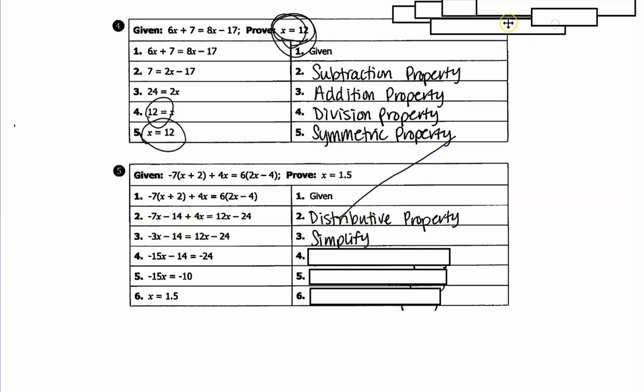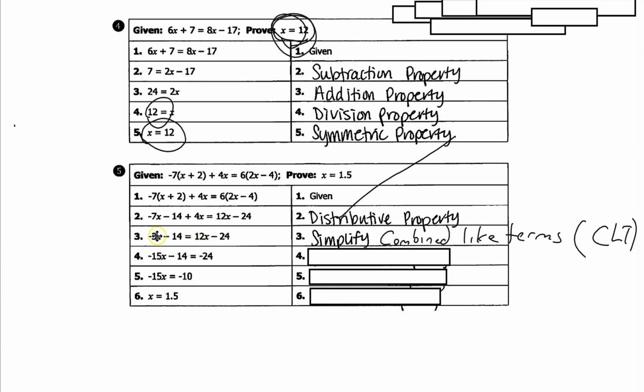Now, you could say this is called, we simplified it, or we combined like terms, or CLT, which is fine with me. All right, now excellent. Now, see how we had a negative 3x here to 12x here?